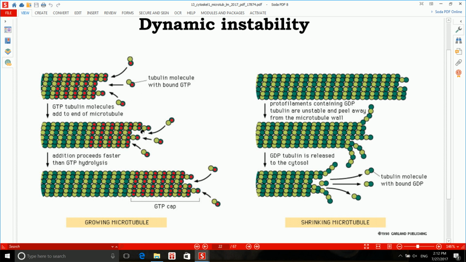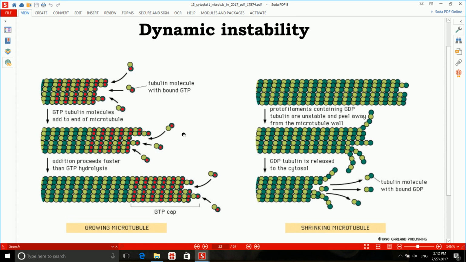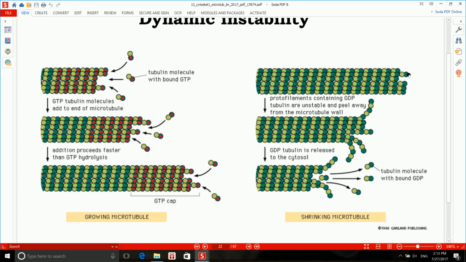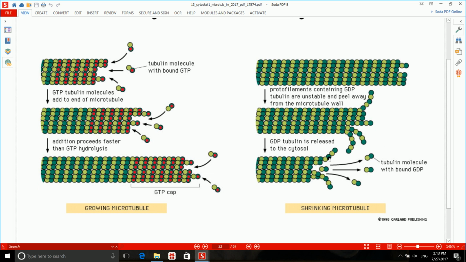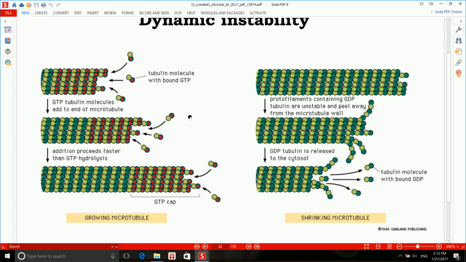And if we've got shrinking of one side, it is due to depolymerization. These monomers are leaving. So polymer to monomer, depolymerization. And that is how these filaments themselves move.